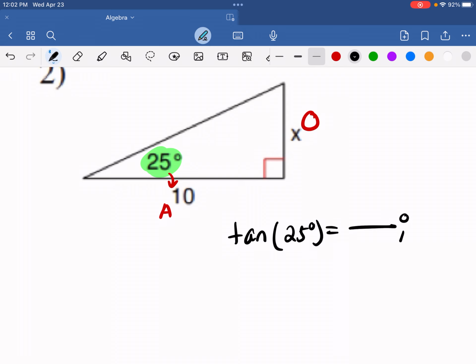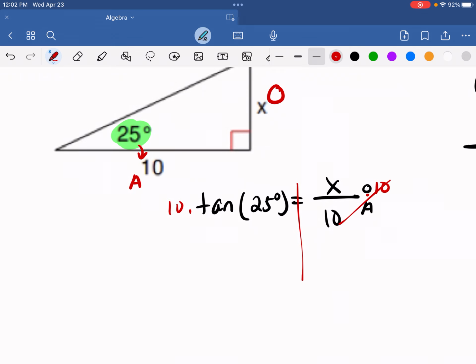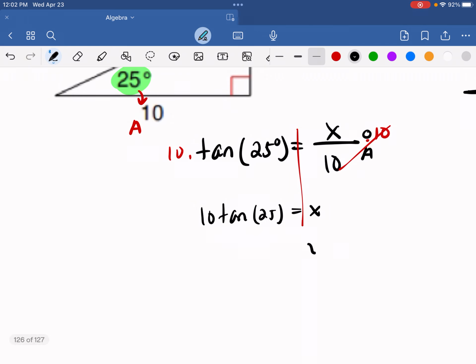And it equals O on top, A on the bottom. So that'd be X and 10. So again, how do you solve for X? It says divide by 10, so opposite is to multiply by 10. Multiply by 10. So we get 10 tan 25. And you get 4.7.